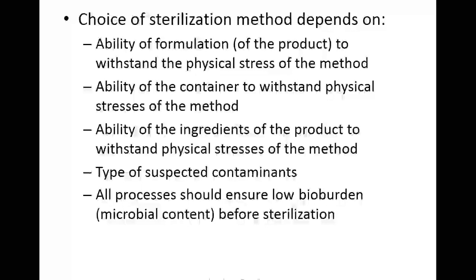Unaangalia je, hii formulation ya product yangu either ni liquid or solid. Unaangalia je, nikitumia heat, inawezekana heat sterilization au nitumie dry sterilization and whatever. The ability of the formulation of the product to withstand the physical stress of the method is very important. Hiyo ni unaangalia ni aina gani ya sterilization utakayotumia.